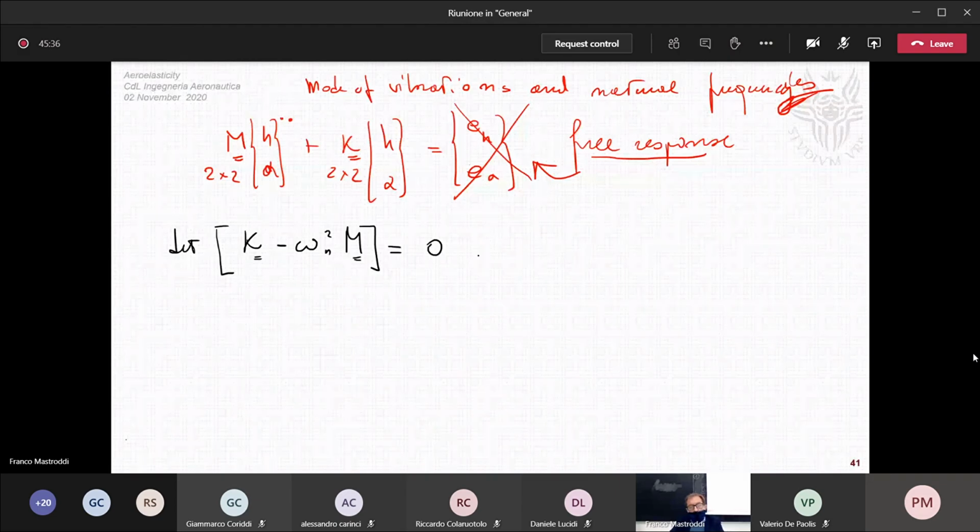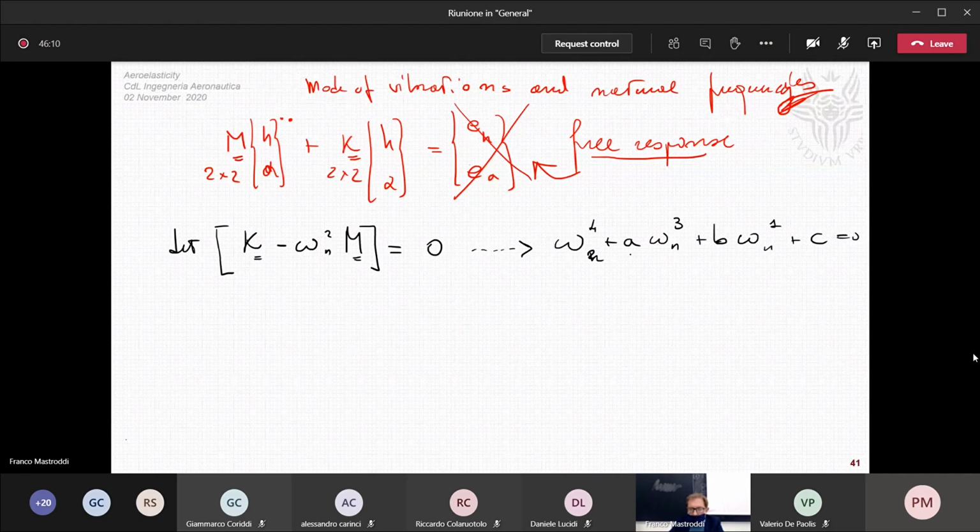And therefore, by developing this determinant, we should have something like omega n to the power 4 plus a coefficient omega n to the power 3 plus a coefficient obtained by developing the determinant omega n to the power 1, and finally a final coefficient equal to 0.